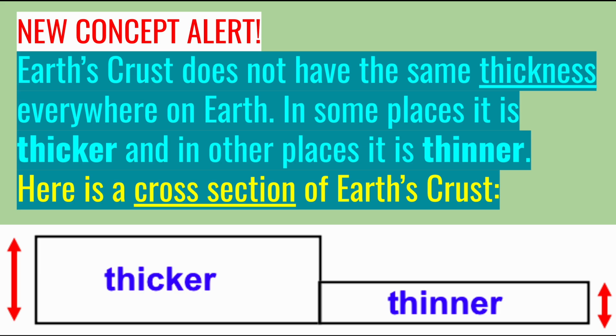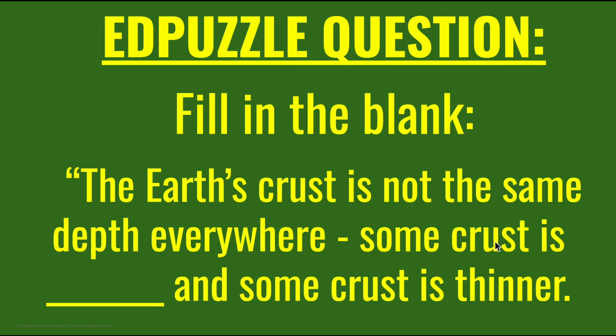Earth's crust doesn't have the same thickness everywhere on the Earth. In some places, it's thicker, and in other places, it's thinner. Here's a cross-section of Earth's crust. You see over here on the left, we have a thicker piece of the Earth's plate, and over here on the right, we have a thinner tectonic plate. Some are thicker, some are thinner.